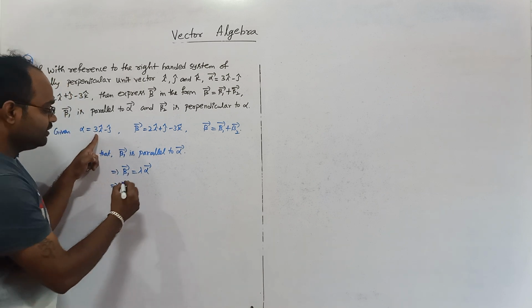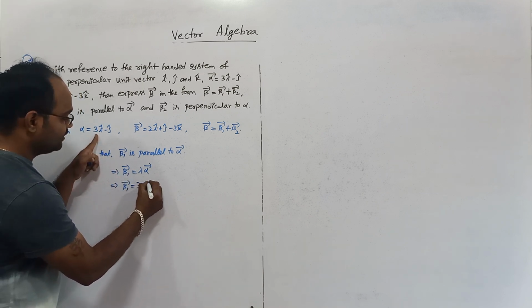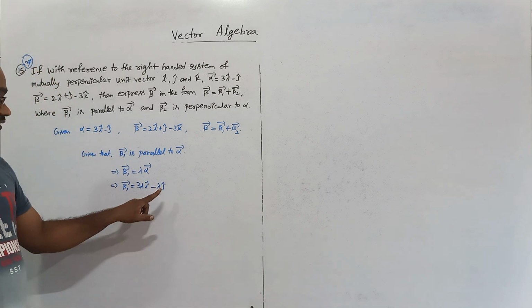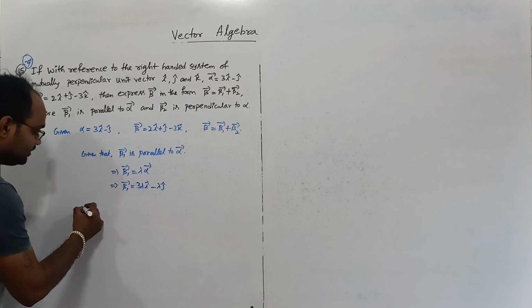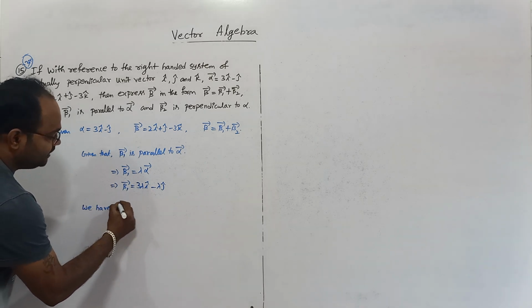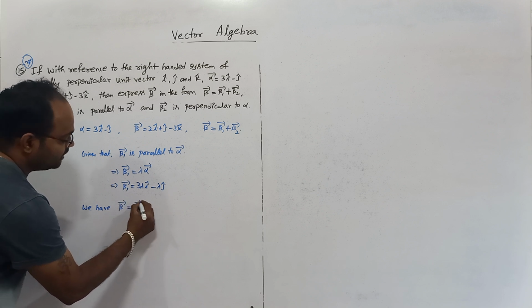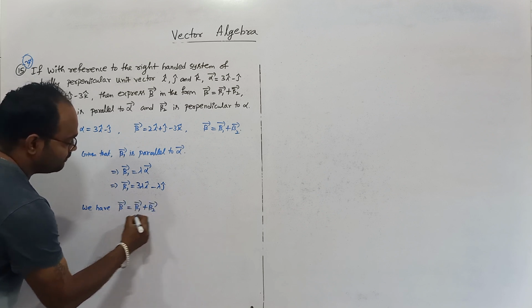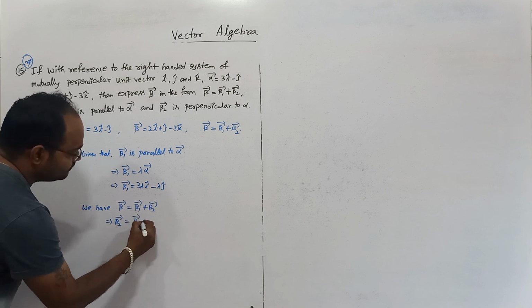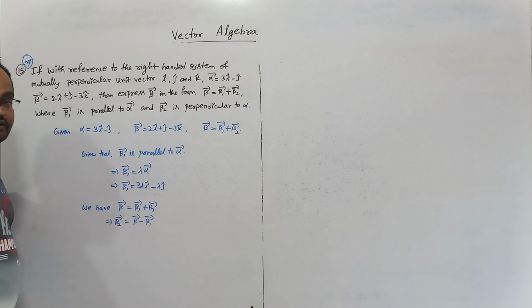Lambda alpha becomes 3 lambda i hat minus lambda j hat. Okay. Now, also given that vector beta is equal to beta 1 plus beta 2. So from this, beta 2 becomes beta minus beta 1, right?